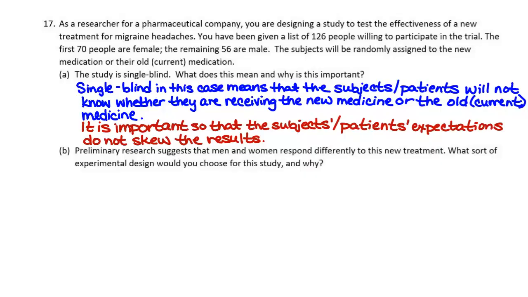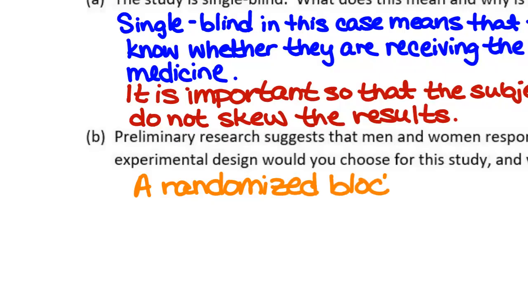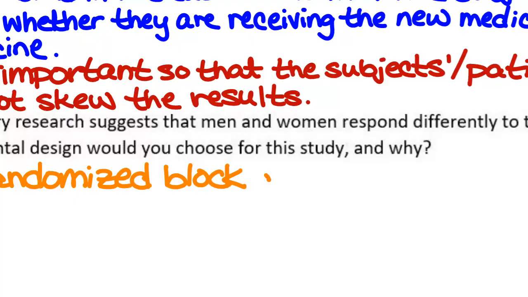Stratified is not an experimental design, but I like where you're thinking. It feels like stratified, but it's called by a different name. Block. Blocking. A randomized block design should be used.